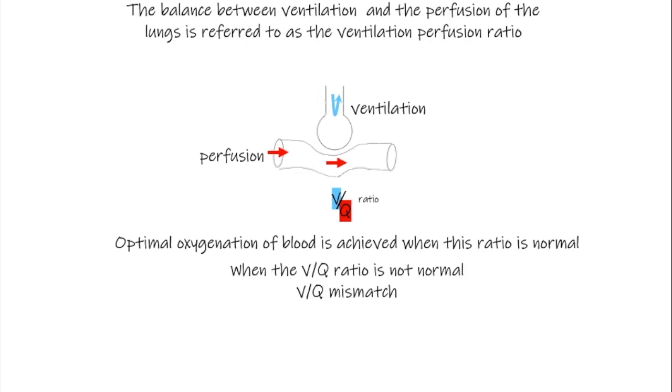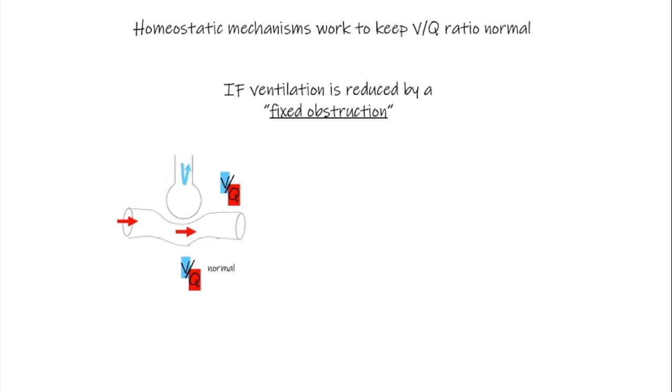When the VQ ratio is not normal, we call that a VQ mismatch, and that is something that the body is going to try to avoid. So our body has homeostatic mechanisms that work to keep that VQ ratio normal.